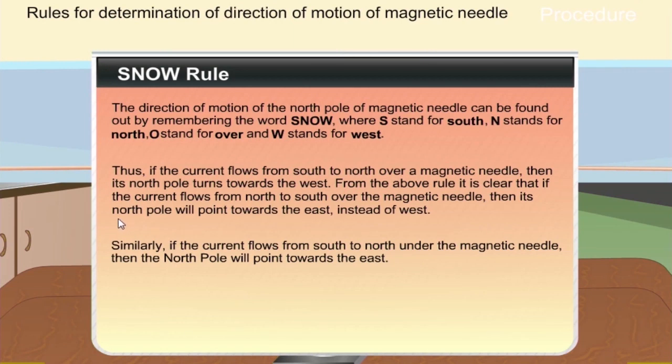Now students, there are so many directions and so many things to consider in these experiments that we have done. You need to relate first of all where exactly the current is flowing, whether it is from north to south or south to north, and whether the wire is above the magnetic needle or below the magnetic needle.